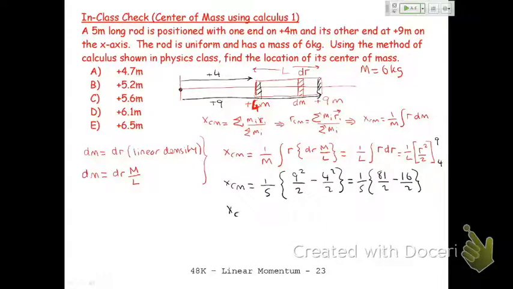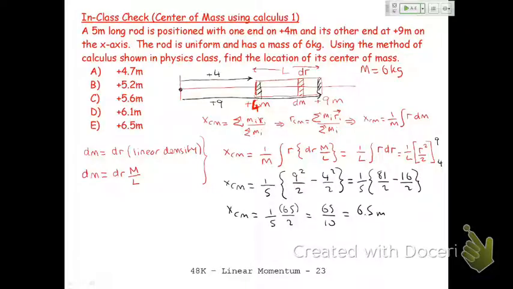So x centre of mass is going to equal 1 over 5. And 81 minus 16 is 65, so that's going to be 65 over 2, which equals 65 over 10. And if I've done that right, that's 6.5 meters.